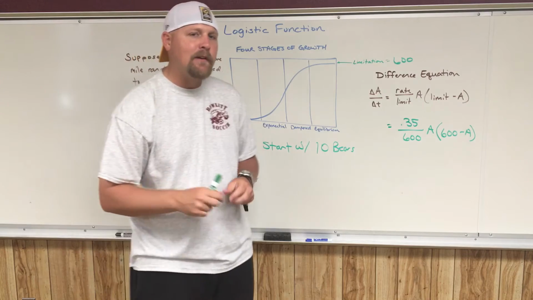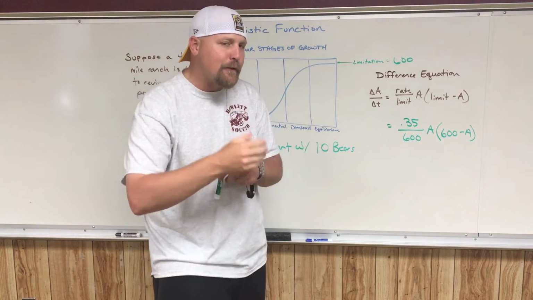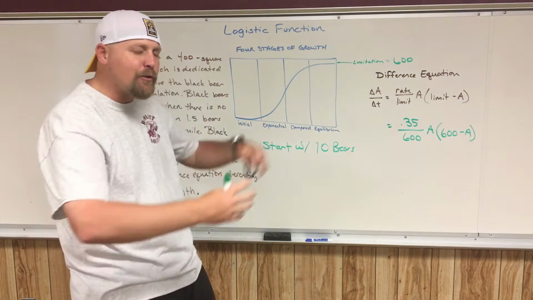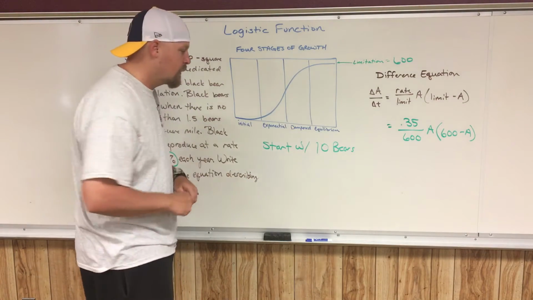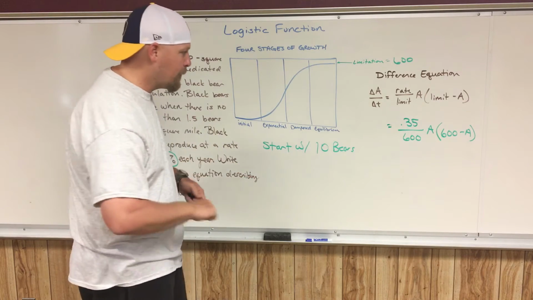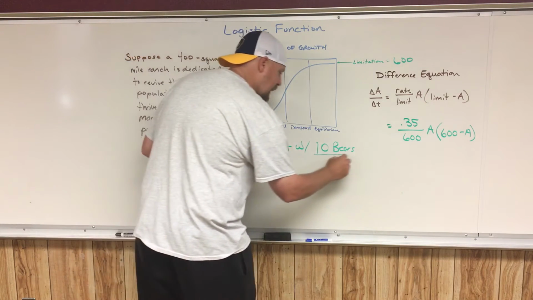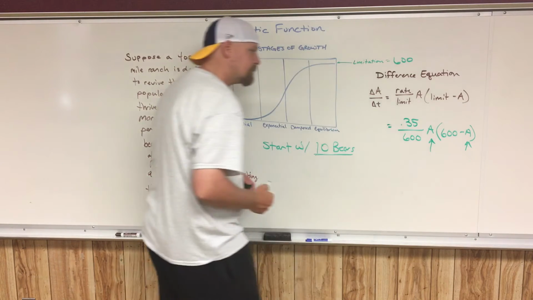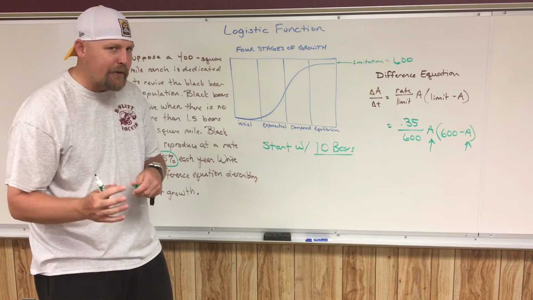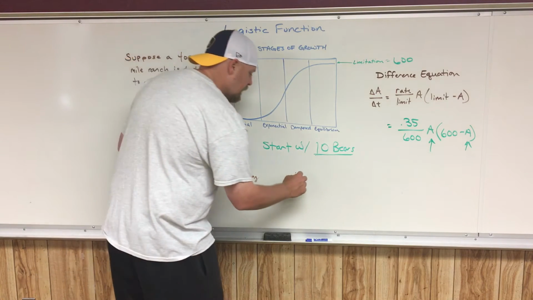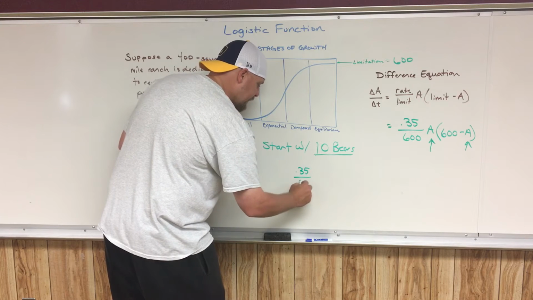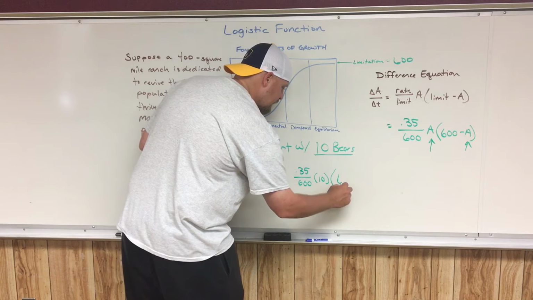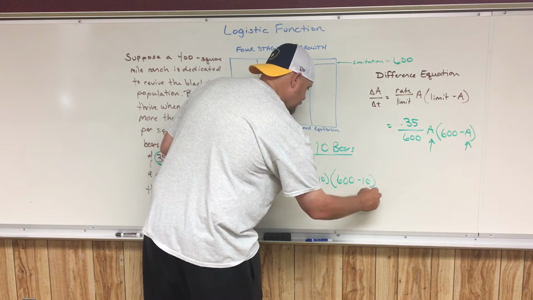How much would we have after the first year of this ranch, after the first year of this rededication, repopulation project? Okay, well, it's real simple. We're going to take this 10 bears and we're going to plug it in here for A. Now this is probably where we use our calculator a little bit, but we have 0.35 divided by 600 times 10 times 600 minus 10.